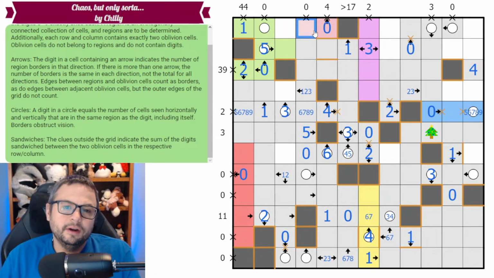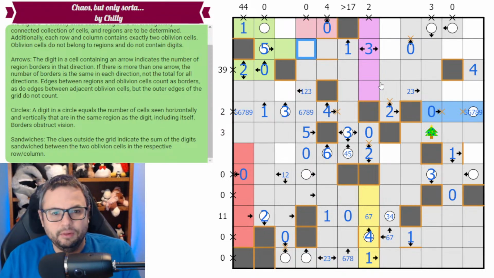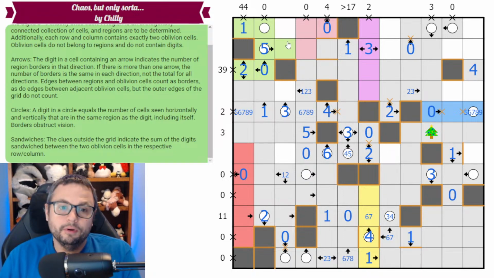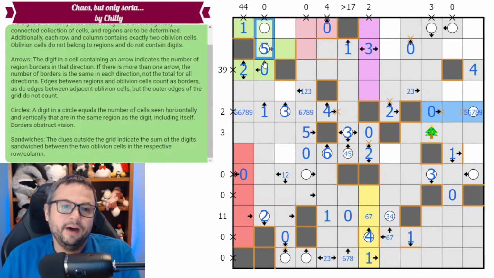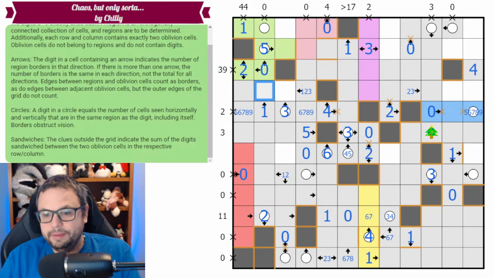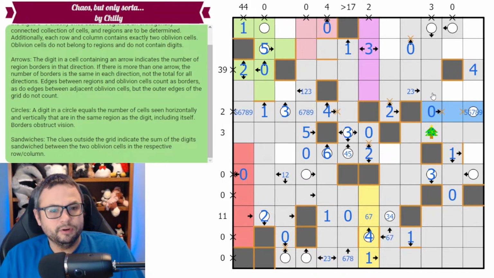So it comes out here, and now no matter what, it has to take this cell or it's not getting to enough cells. That's a border. And now this 5 needs that cell to be green in order to do that, and therefore that's a border.